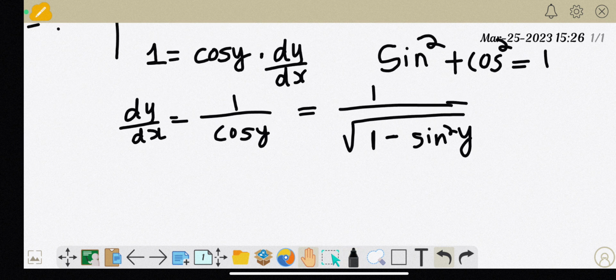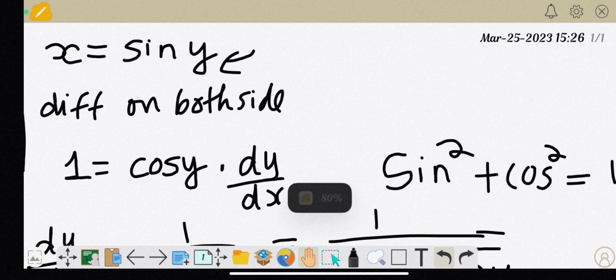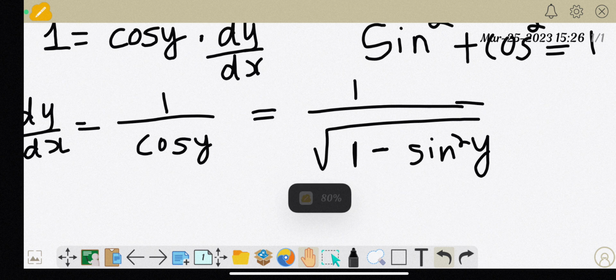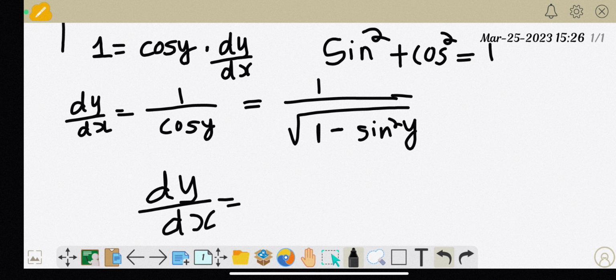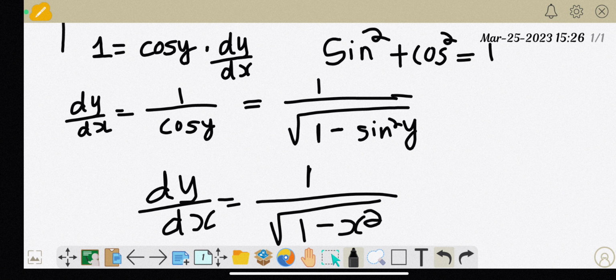What is sine y equal to? Sine y is equal to x, so sine square y is equal to x square, correct? Therefore dy by dx is equal to 1 by square root of 1 minus x square.